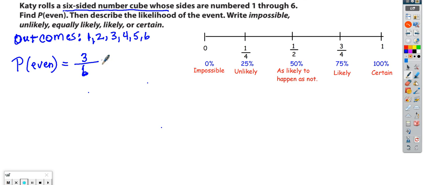Okay, we know that that is a half. As a decimal, that's 0.5. And as a percent, that's 50%. Looking at my probability number line, it says that's as likely to happen as not, or we can say equally likely.